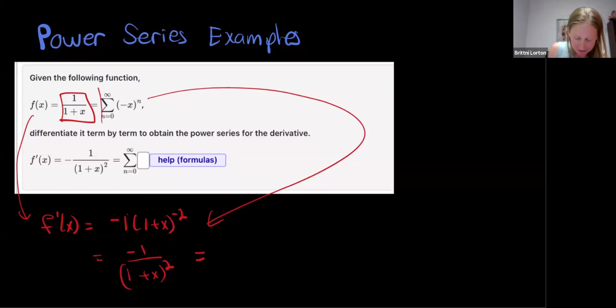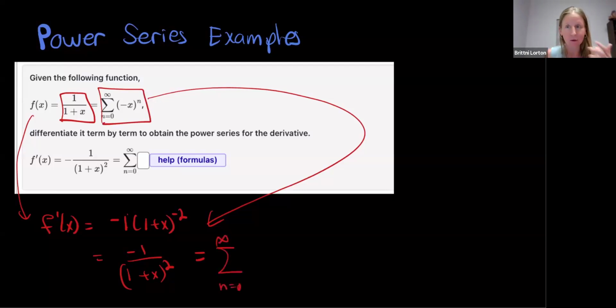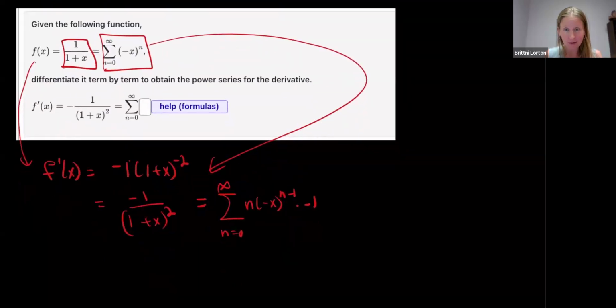So now I'm going to look at the actual power series, and I'll have the sum from n equals 0 to infinity of, I can do the chain rule, because this really is a power rule with a chain rule. I can bring the n down, leave the inside the same, subtract 1 from the power. Don't forget to multiply by the derivative of the inside, which in this case was negative 1. And then we can simplify from there.